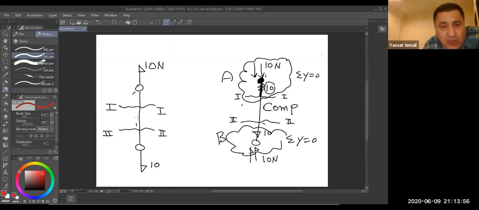Method of joint, joint A. Make balance now, sigma y is equal 0, that means what here, see? This is the force, 10, because sigma y should be 0. And here is joint B, sigma y is equal 0. See, the force here is 10.